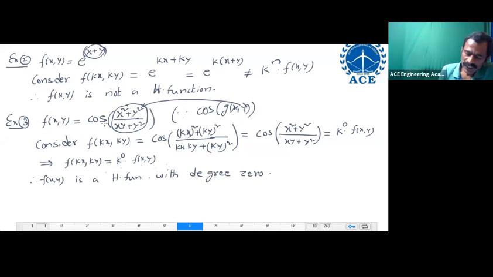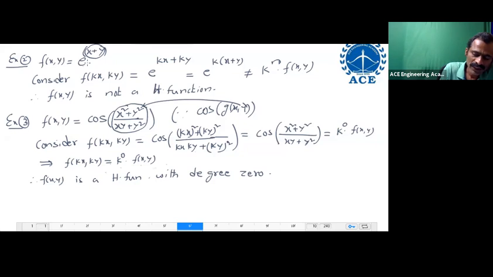For the cos function, the inner function x square plus y square by xy plus y square is an algebraic function, and that algebraic function is a homogeneous function with the degree 0. That is why it is a homogeneous function with the degree 0 only. Now let us go to example number 2, the exponential function e power x plus y.